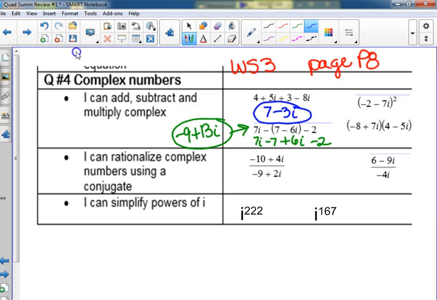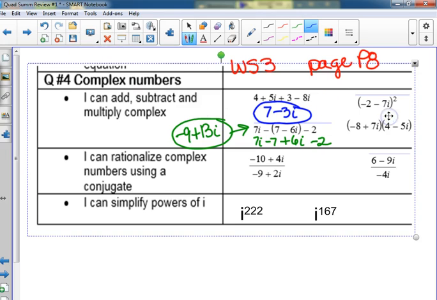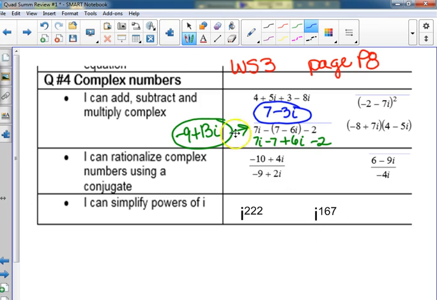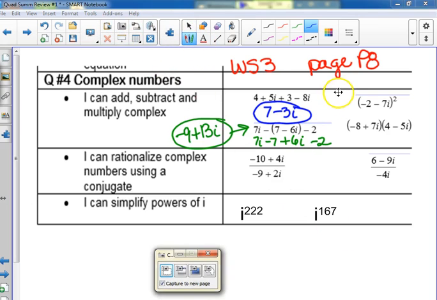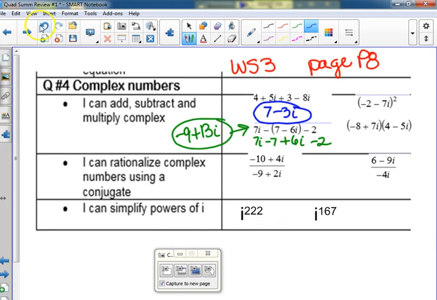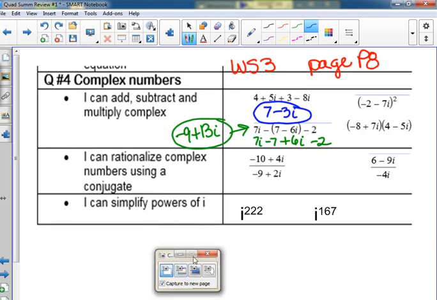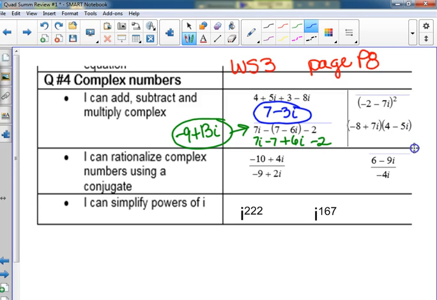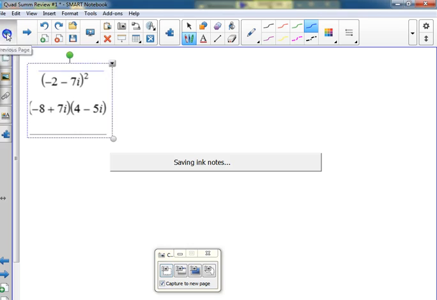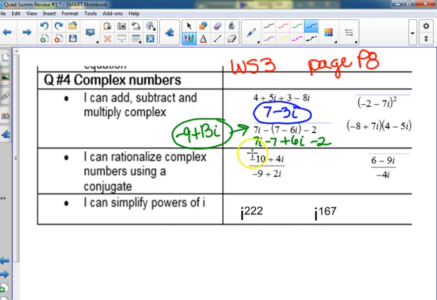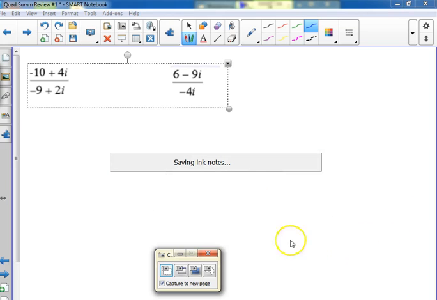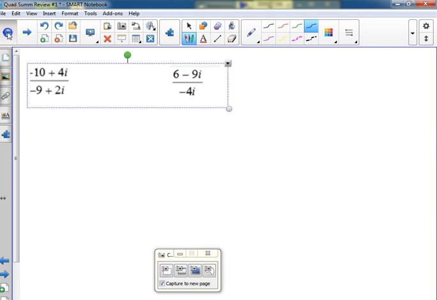I don't have room to do these on here. Just kidding. I'm actually going to go to powers of i before I flip to another slide here.